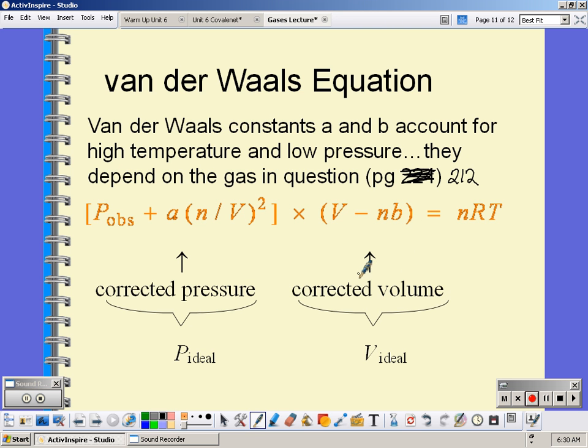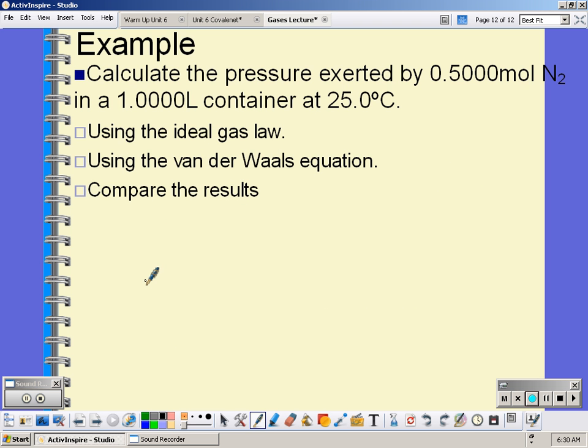So calculate the pressures exerted by 0.5 moles of nitrogen in a 1 liter container at 25 degrees Celsius. First, we're going to use the ideal gas law to solve for that. So the pressure would equal 0.5 moles times our R value, I'm going to use 0.0821 liter atm divided by mole Kelvin, times our temperature, 298 Kelvin, divided by our volume.